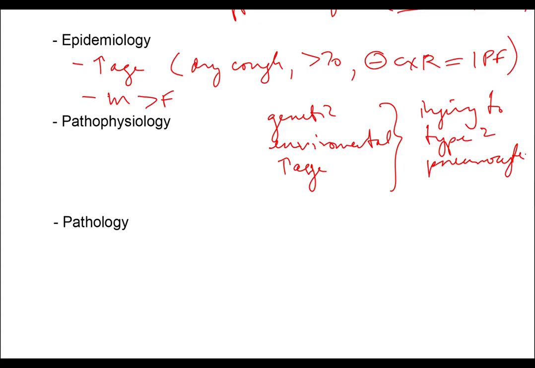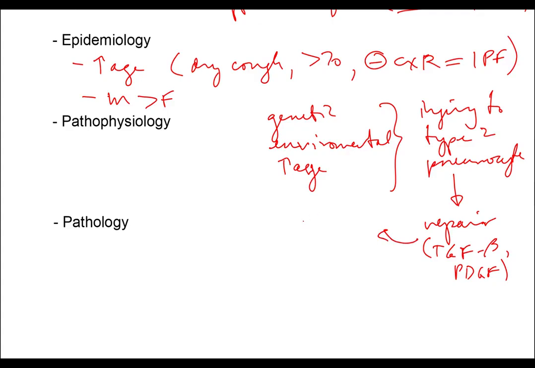So this is the key cell that when we get that injury, then we go on to get repair of that injury with the usual cytokines of fibrosis. So we're talking about our TGF-beta and our platelet-derived growth factors. So those, as always, are the key guys in fibrosis.